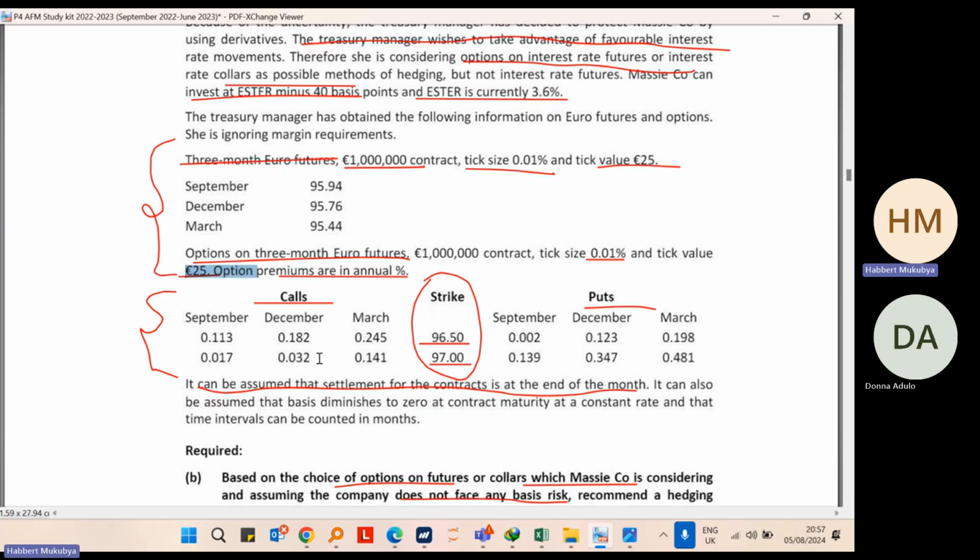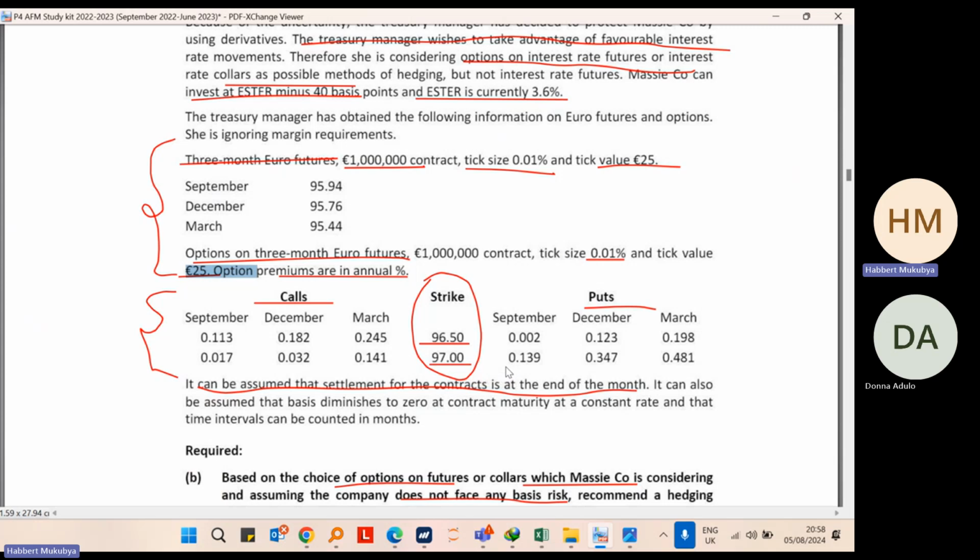And then you sell put options at 96, then you receive 0.182. Then the net is what you are going to receive, right? Or you can do the other way around. You can buy call options of 96 and sell put options at 97.